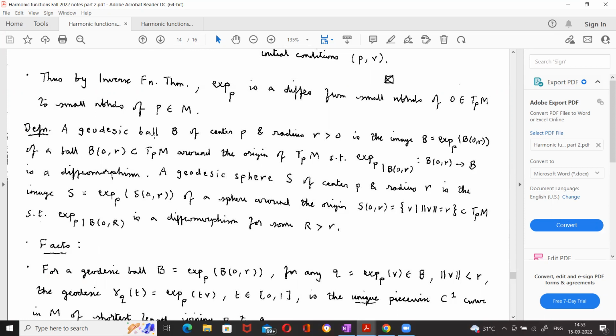A geodesic ball of center P and radius R is the image of a ball in the tangent space around the origin under the exponential map, such that the exponential map restricted to this ball is a diffeomorphism. So choose a ball around the origin which is small enough such that the exponential map restricted to that ball is a diffeomorphism. Then the image of that ball in M is defined to be a geodesic ball of center P and radius R.